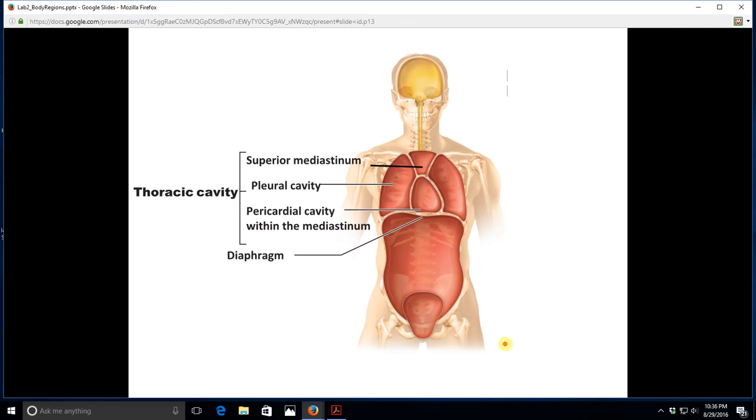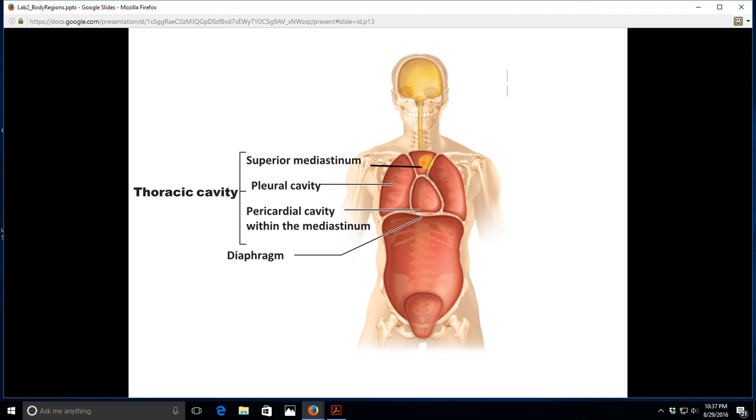If we look at our thoracic cavity, there's actually a pleural cavity on the left and a pleural cavity on the right. And I totally just did that backwards. On the left and on the right. And the pleural cavities are right next to the lungs. In between the pleural cavities, this entire region in here is called the mediastinum.